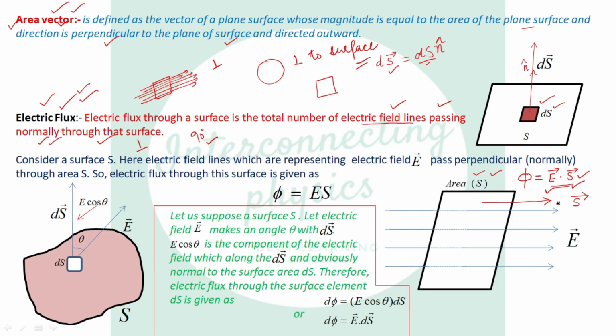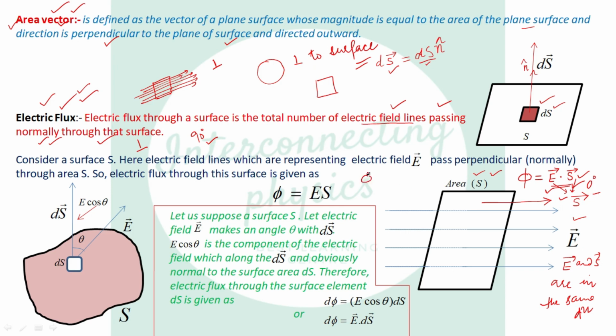Area vector is along this direction. Electric field is along this direction, means E vector and S vector are in the same direction.